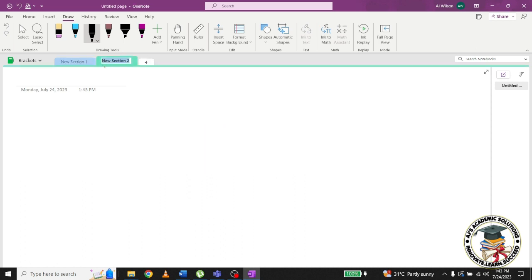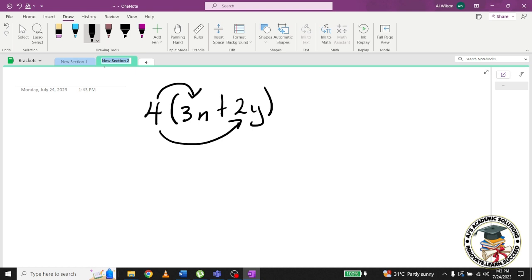So let's look at another one here now. Let's say we have 4 in front of our bracket. We have 3n plus 2y. So like before, 4 is going to multiply 3n, and then it's going to multiply 2y.